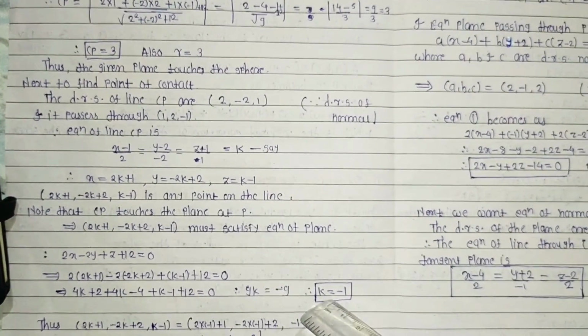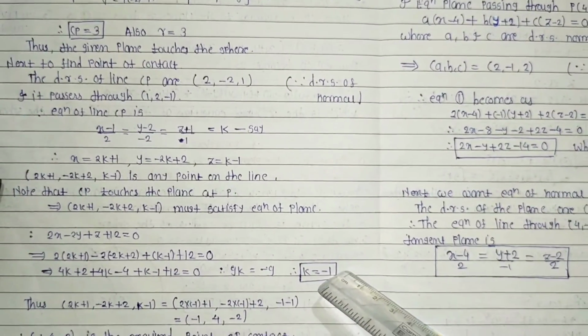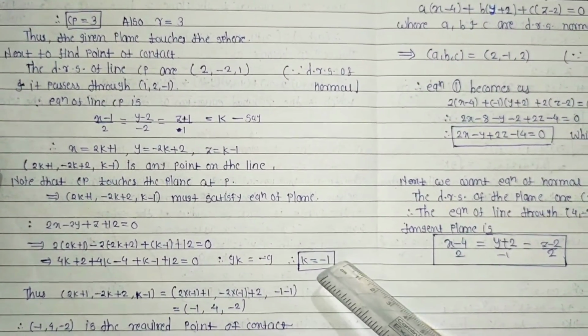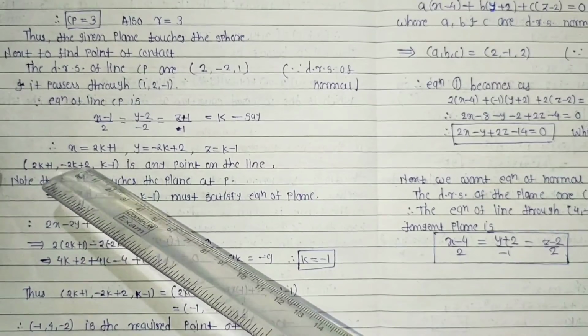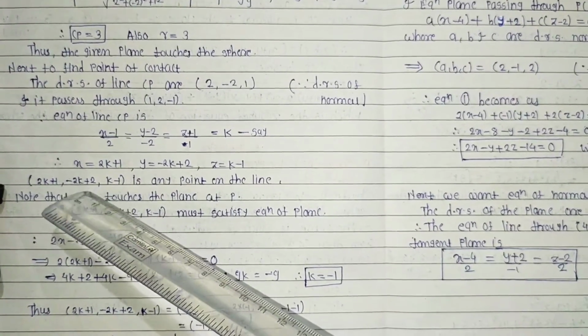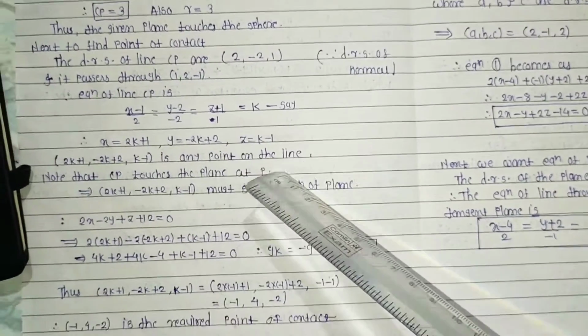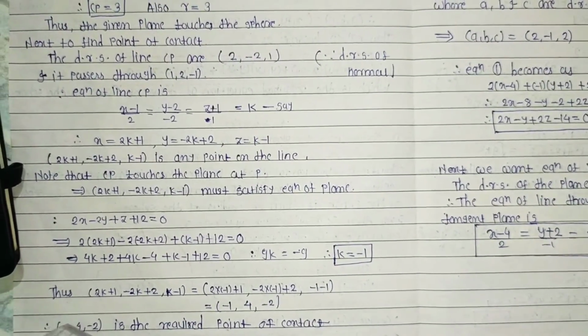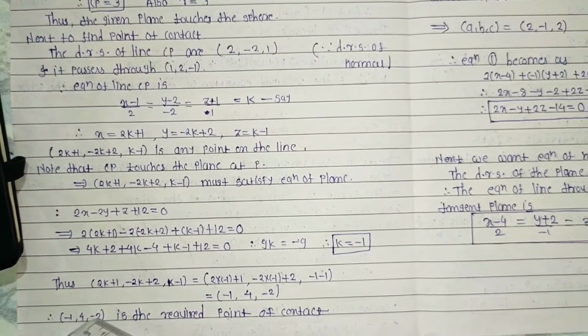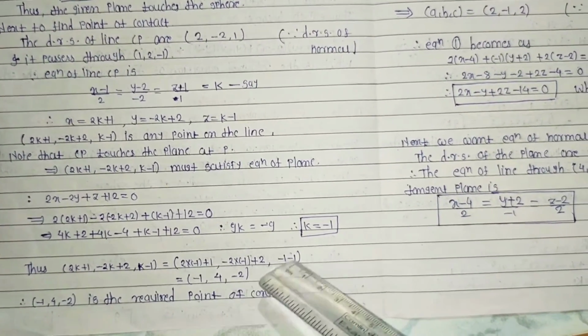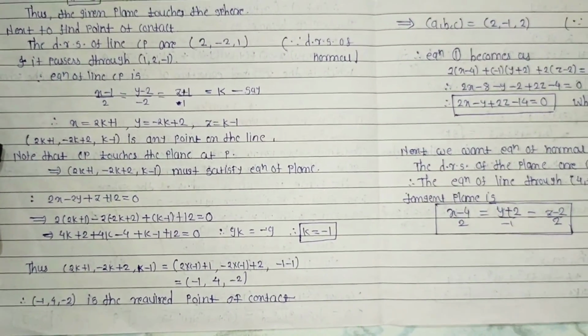After solving we get k is equal to -1. Substituting k is equal to -1 back into the expressions 2k plus 1, -2k plus 2, k minus 1, we get -1, 4, -2, which is the required point of contact. I hope you understood this.